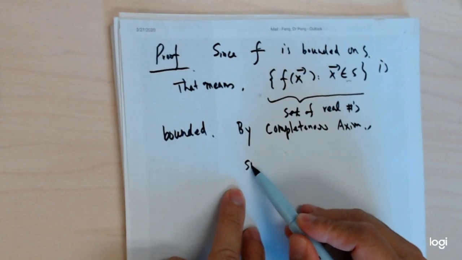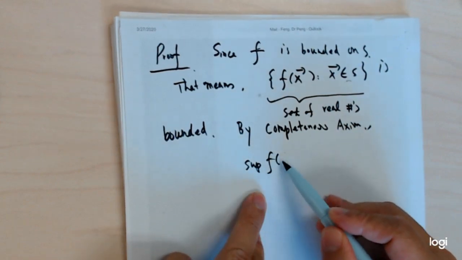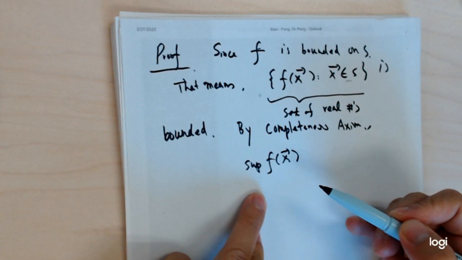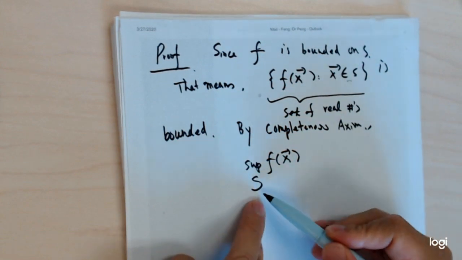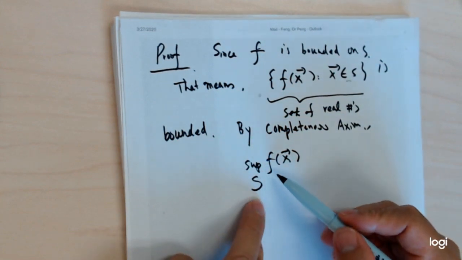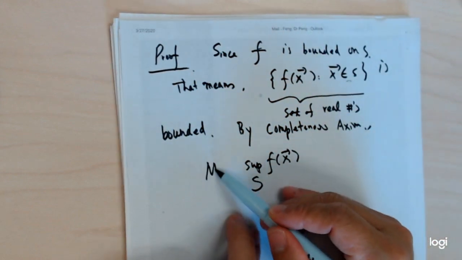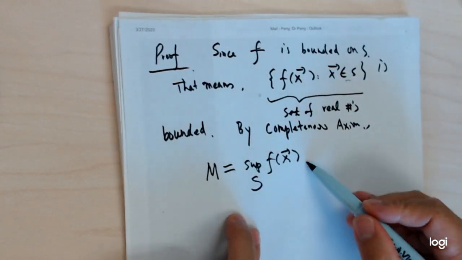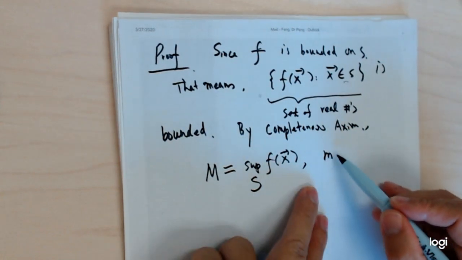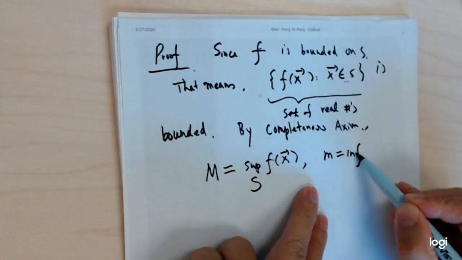There is a supremum of f over set S. This is just one way we can write it, or you can just write this whole set, and we call this supremum capital M. Similarly, the infimum is also a finite number.